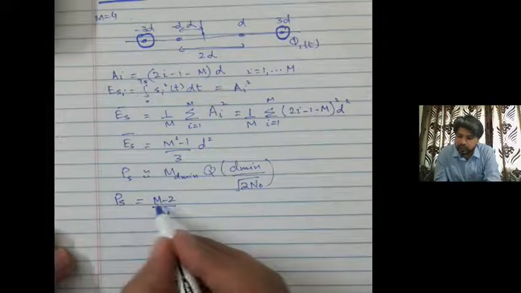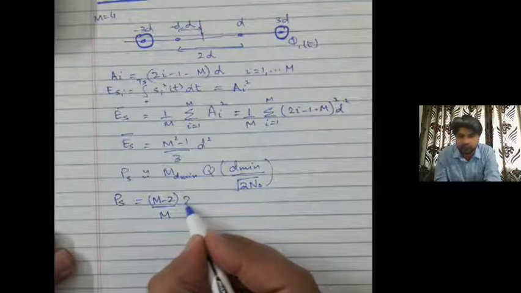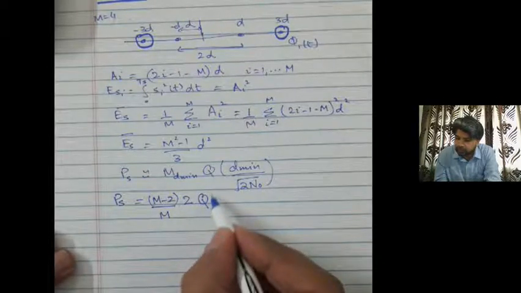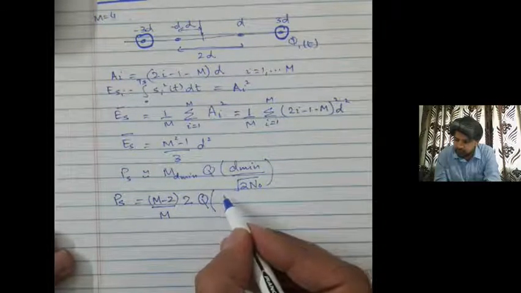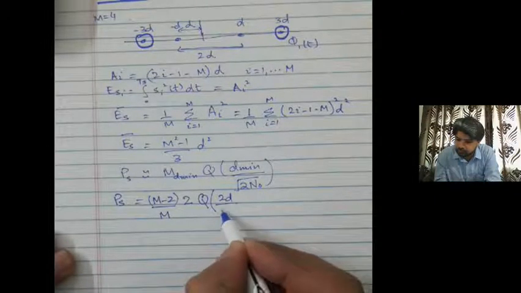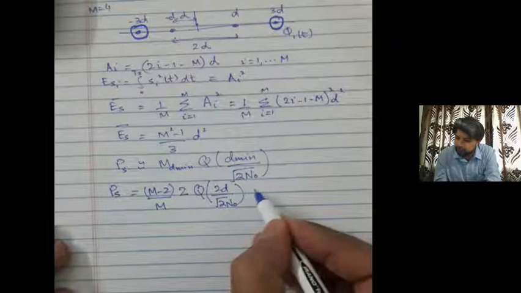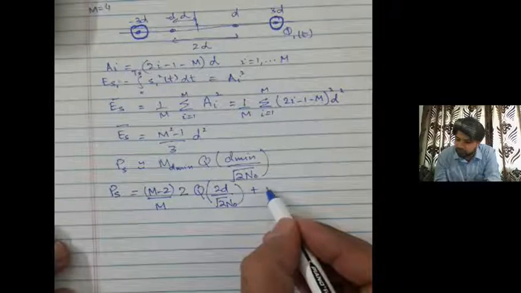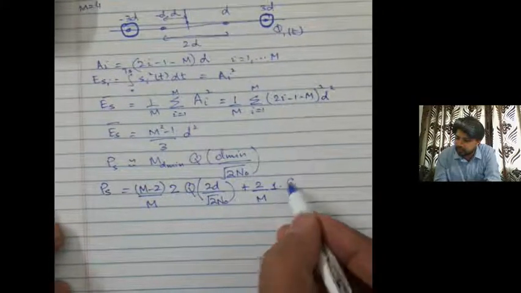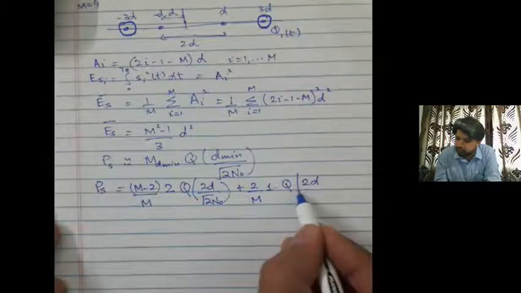And now for M minus 2 constellation points, you have two nearest neighbors, and then you would multiply this with the Q function of d min, which is nothing but 2d over root 2 N naught, plus, for two constellation points out of M, you would have only one nearest neighbor, and then you would multiply it with the Q function of d min, which is 2d over root 2 N naught.